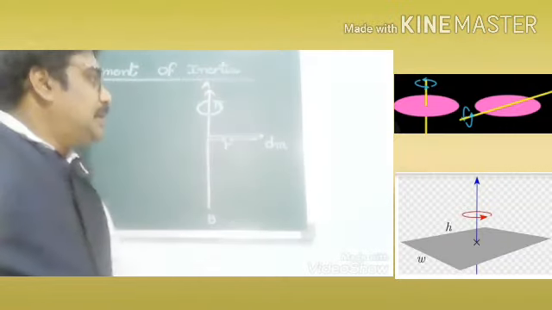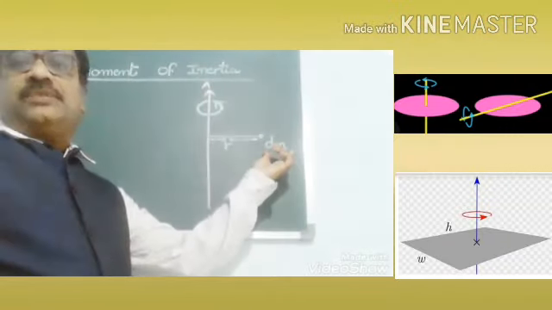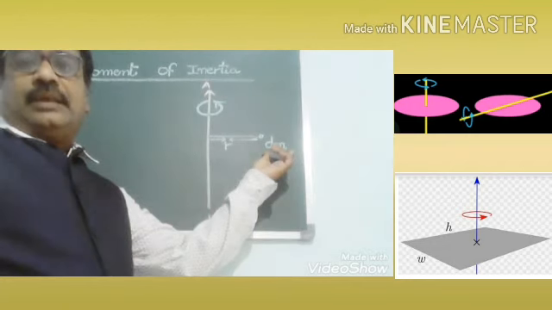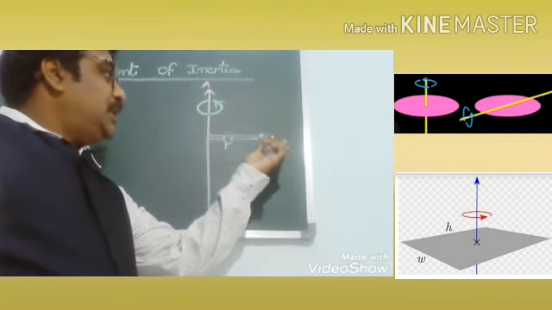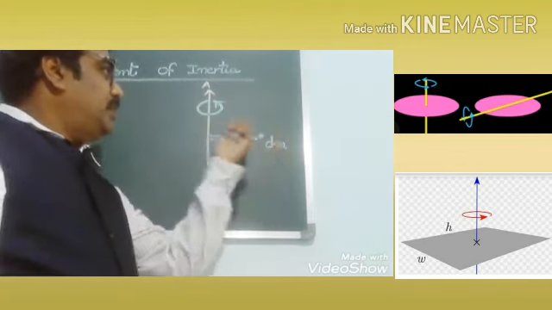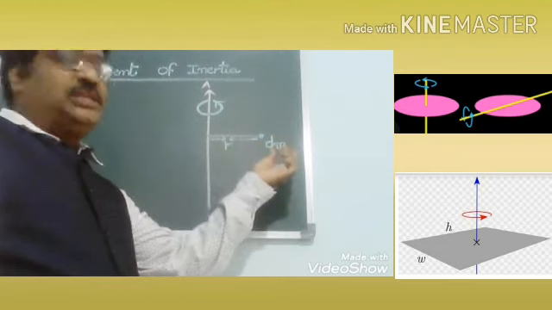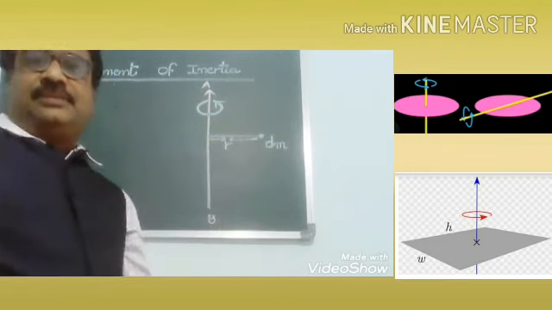Now consider dm is the mass of the element. I am going to calculate the moment of inertia for dm mass of the particle, which is moving at r perpendicular distance with respect to the AB axis.